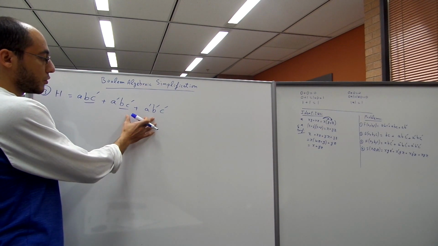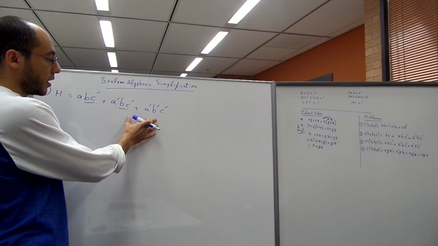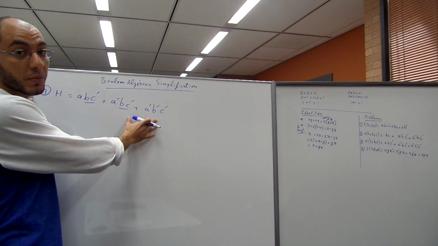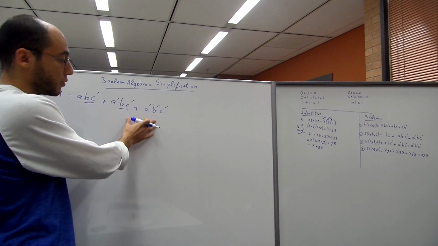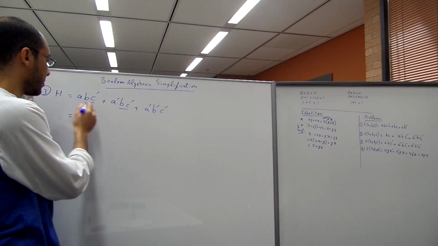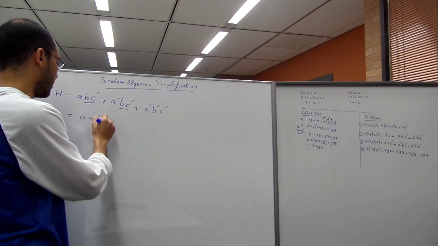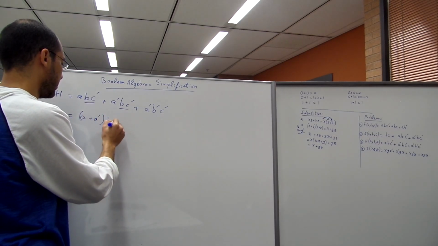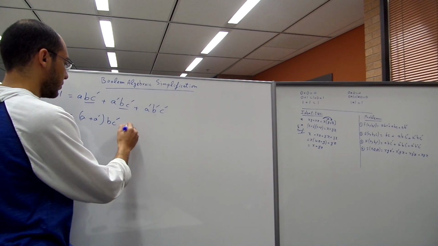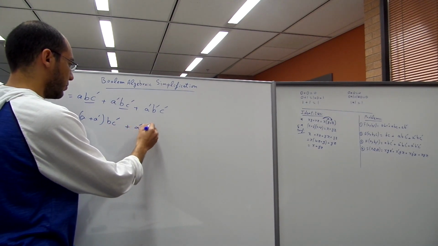And I'll leave it to you to solve the problem, starting by factoring out whatever could be factored out from these two terms. Okay? So that's my starting point, these two terms. A plus A bar, B, C bar, plus A bar, B bar, C bar.